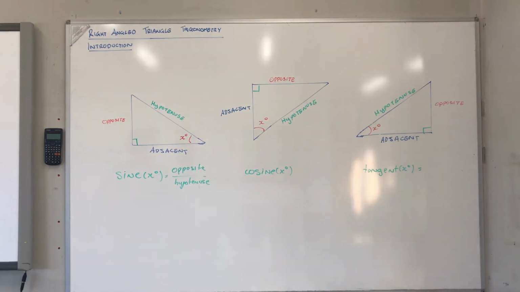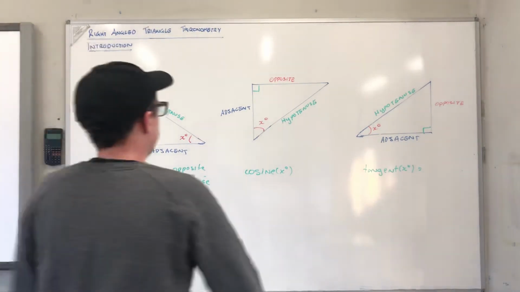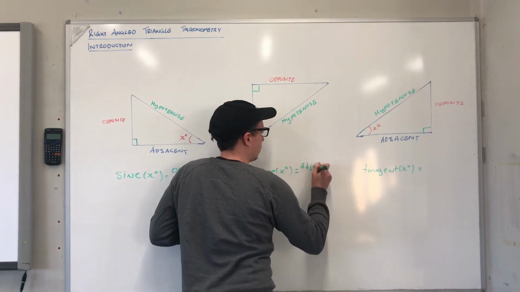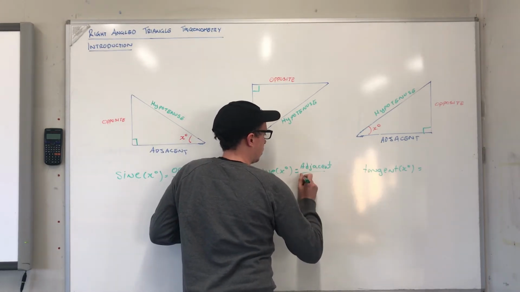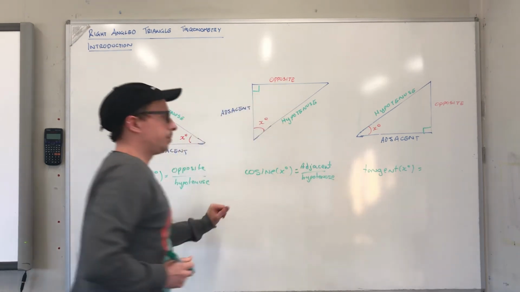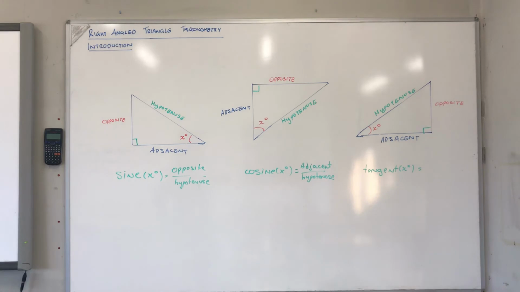Cosine x, the cosine of an angle, is the ratio of the adjacent over the hypotenuse. And the tangent of an angle is a ratio of the opposite over the adjacent.